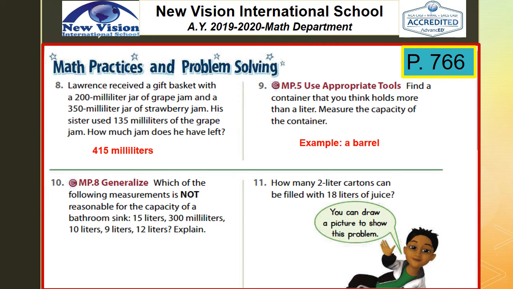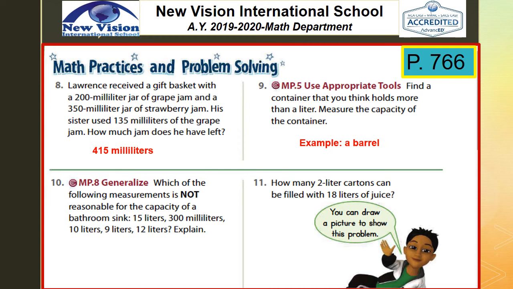Okay. Number 10. Which of the following measurements is not reasonable for the capacity of a bathroom sink? Is it 15 liters, 300 milliliters, 10 liters, 9 liters, or 12 liters?